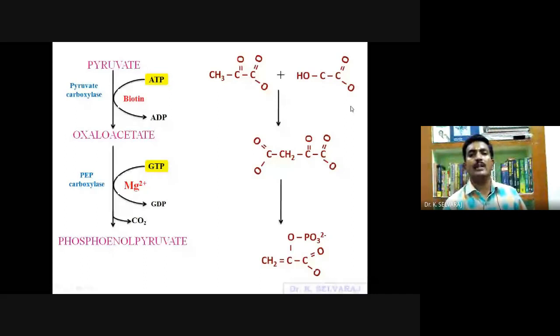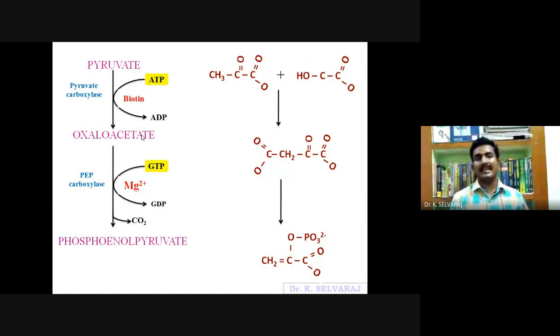It is phosphorylated, and the pyruvate molecule becomes oxaloacetate with the help of the bicarbonate ion. See, it is a bicarbonate ion. With the help of coenzyme biotin, the enzyme pyruvate carboxylase converts pyruvate to oxaloacetate.